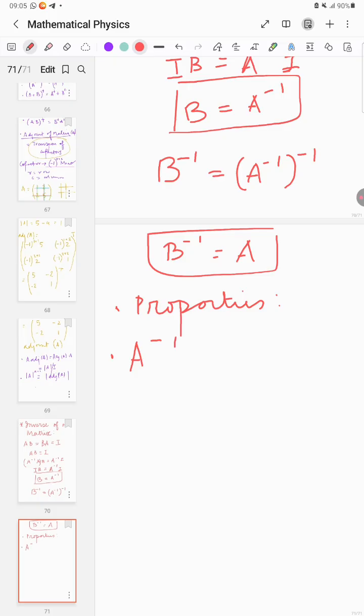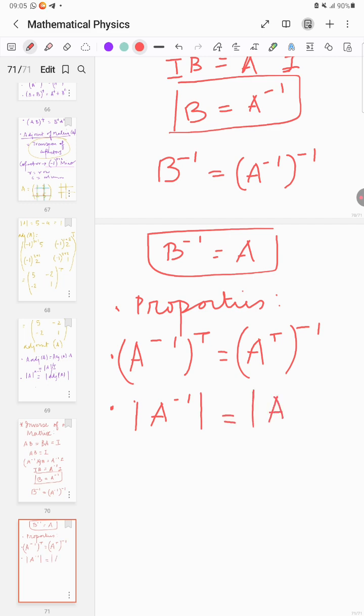Number 1, the inverse of A, transposed, is equal to the inverse of A transpose. Alright. Number 2, the determinant of A inverse is equal to the inverse of the determinant of A. Alright. Property number 3, the inverse of A inverse gives us A.